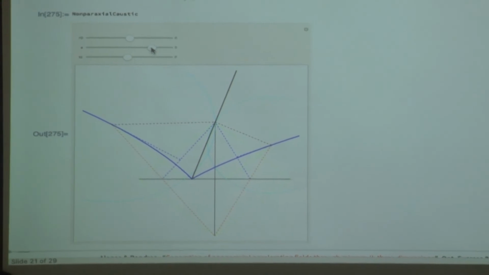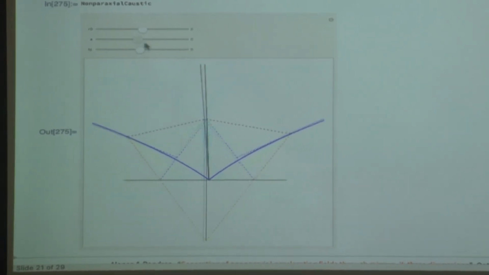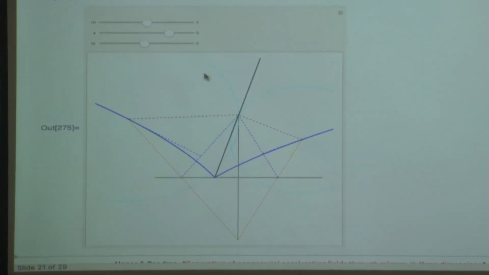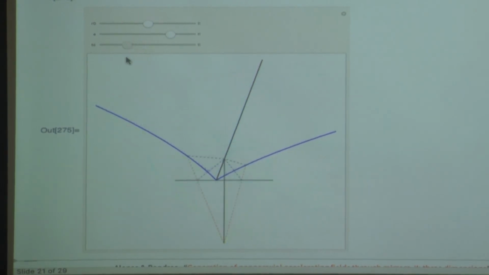There are some geometric rules hidden here in these curves and these circles that tell you the allowed shapes for these curves here. So there is some fundamental geometrical symmetry hidden in the shape of the caustics.